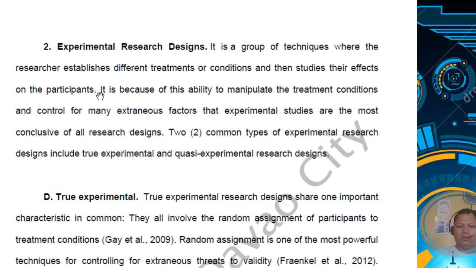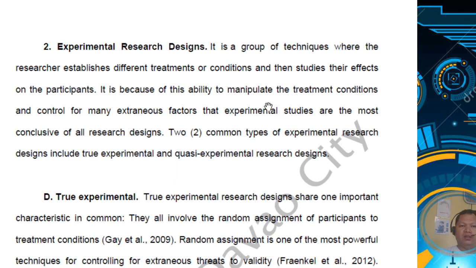Okay, so as you have read in this module, experimental research design involves manipulating the conditions. For example, if you're going to have a class, you will divide it into two, so the one group will receive the treatment.